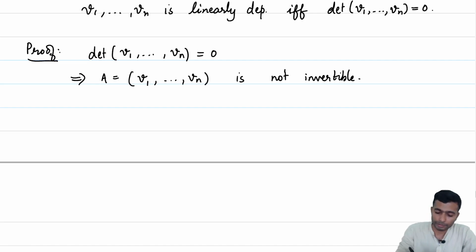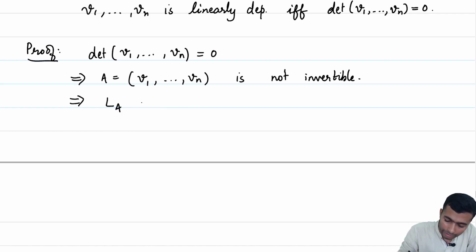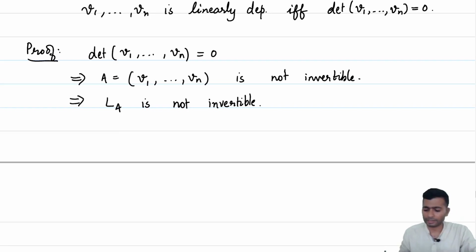What does that mean? This means that LA, the linear map of A, is not invertible, because LA is invertible if and only if A is invertible, and here A is not invertible. And LA is after all a map from Rn to itself, and it is not invertible, which implies that it is not injective.